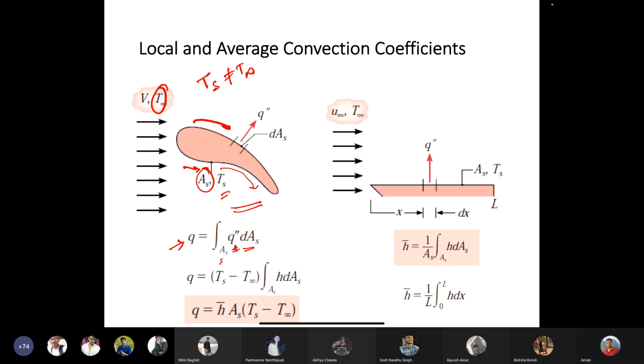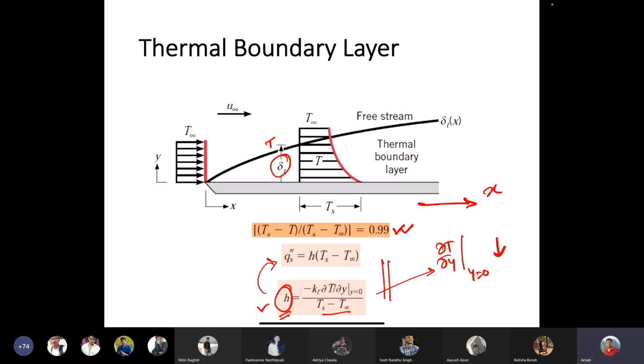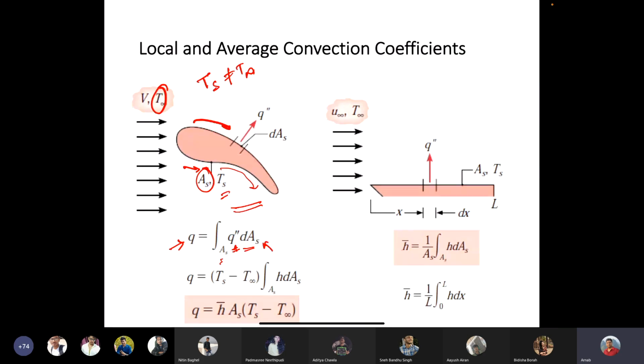Fine. Now again, what we have just seen is that the local surface heat flux is basically the convective heat transfer coefficient multiplied by the temperature difference of the surface and the free stream. We replace that here in this expression, and we have an expression which defines that we have an average heat transfer coefficient, which is h bar.